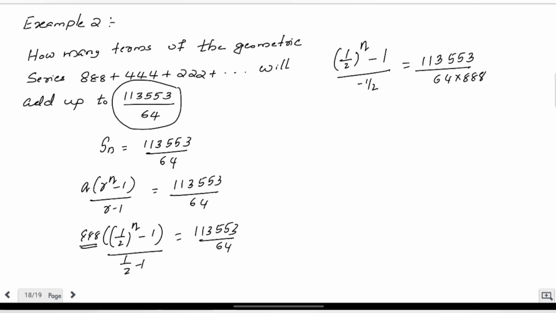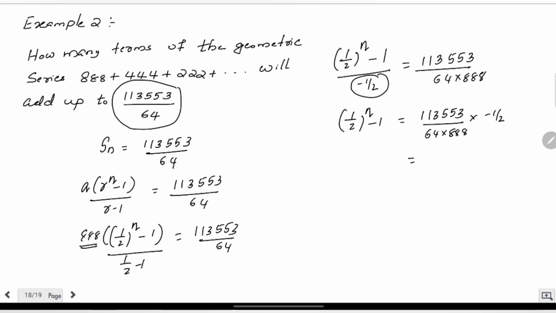Now this minus half I have to send to the other side. Here it is dividing, so on the other side it's going to do the opposite operation, multiplication, isn't it? That is half to the power n minus 1 is equal to 113553 divided by 64 times 888 times minus half. Is it clear? All right.